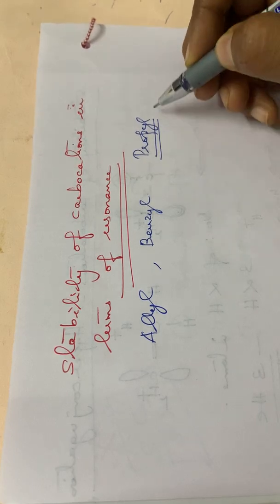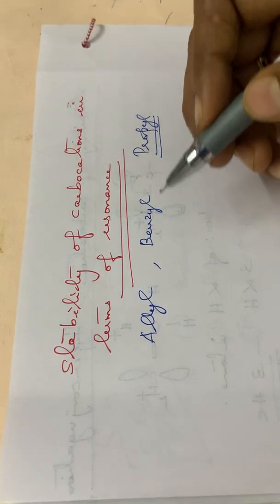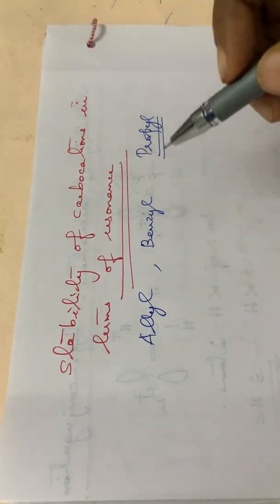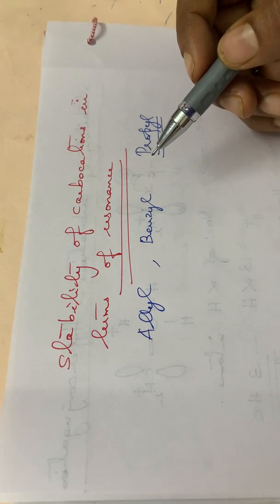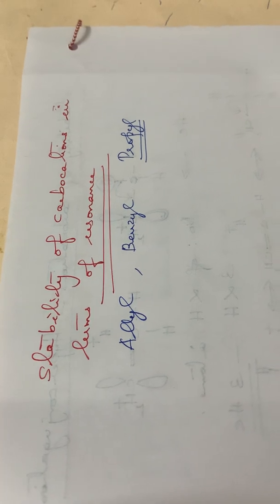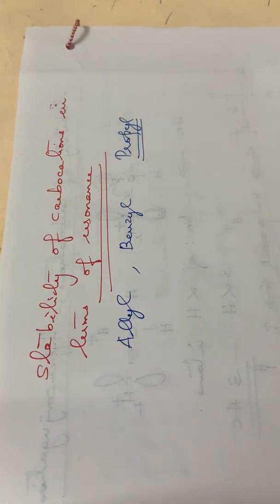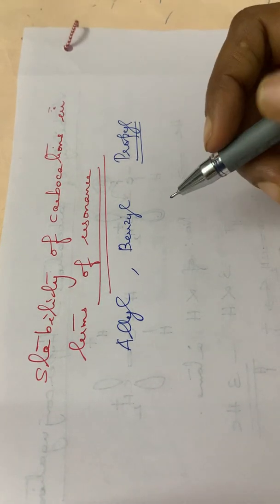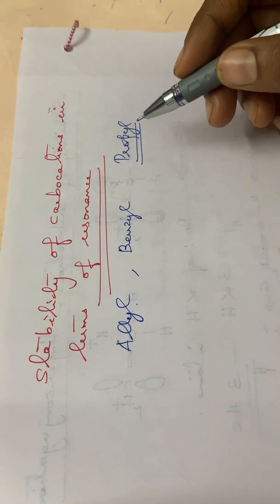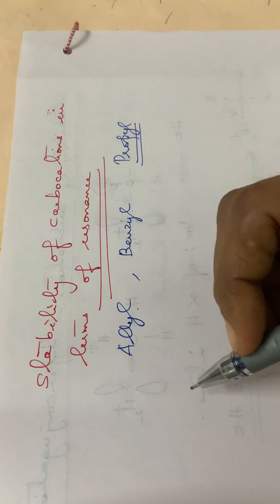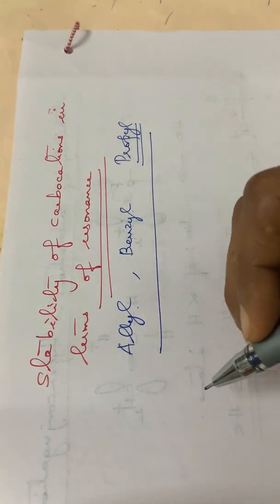Propyl is not having a ring structure, and allyl also is not having a ring structure, but benzyl is having a ring structure, isn't it? So mainly we are discussing these 3 structures, and we have to compare allyl, benzyl and propyl carbocations.